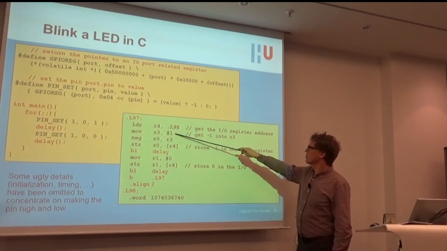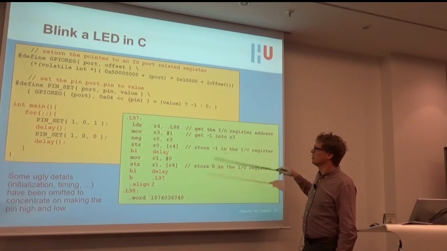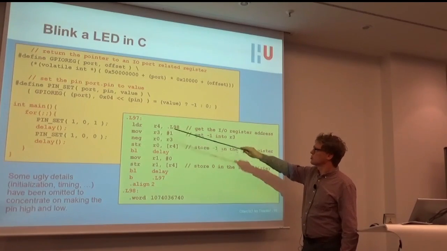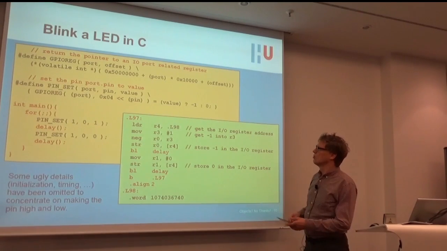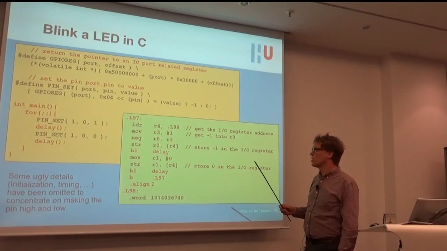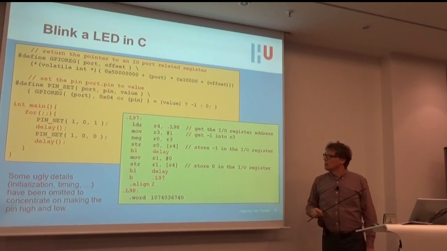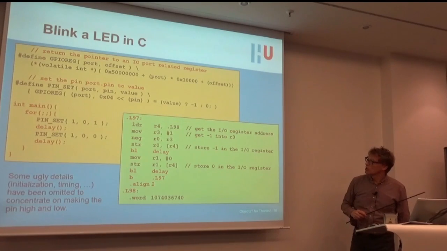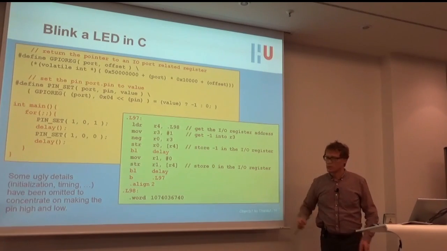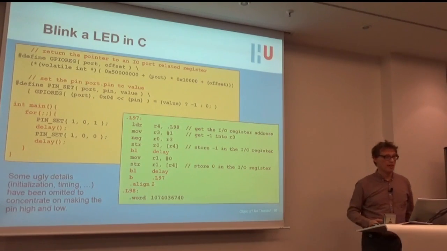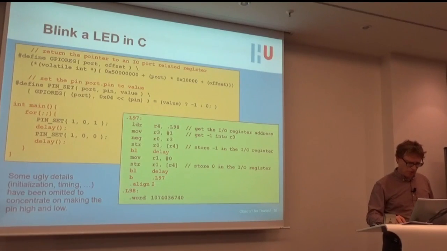And here we must get the value -1 into that place. So we must construct that value -1, and you cannot do that in one instruction. And here we have to put the value 0 in that place. 6 instructions in all. That's 12 bytes plus 4 bytes here. That's the absolute minimum.